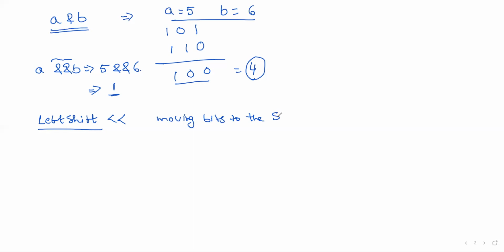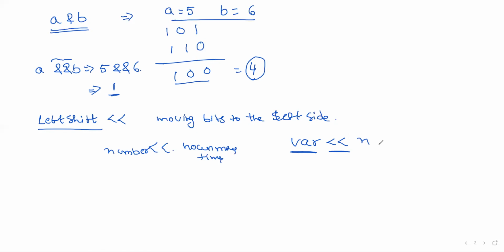The syntax is the variable on which we are performing the left shift operation, followed by the left shift symbol, and n. N represents the number of times we have to perform the shift operation.